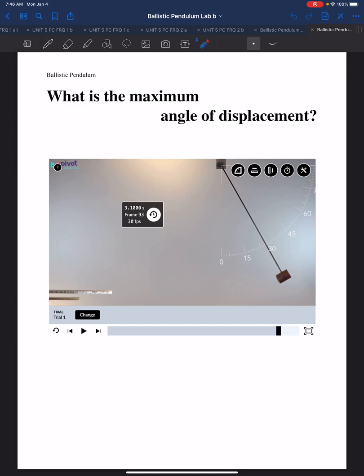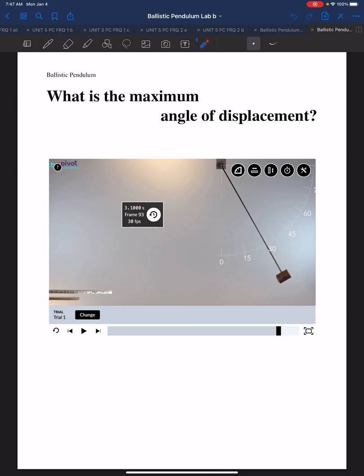So, a very simple question: what is the maximum angle of displacement? But what we notice is as the pendulum goes upward, it slows down and appears to almost come to a stop. And so it spends a fair amount of time at its extreme point. And so although it's a very simple question, it's not necessarily easy to come up with a value.